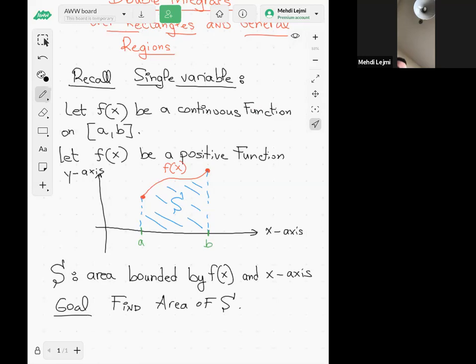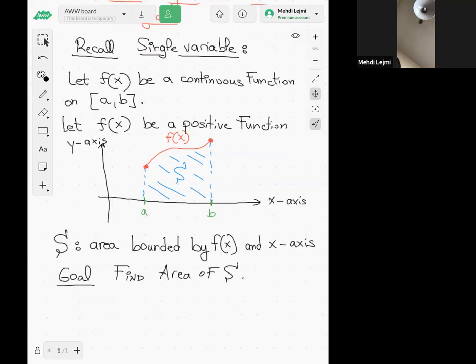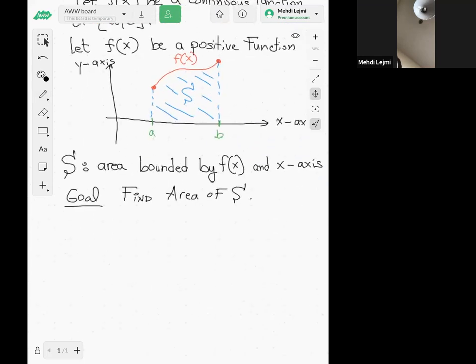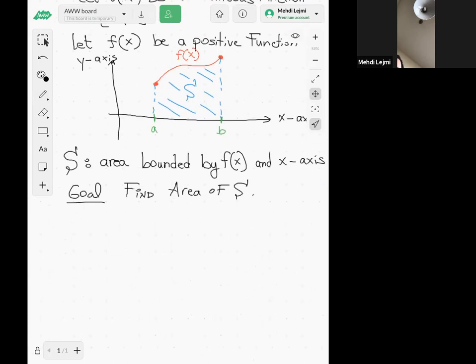Okay. So just to remind you again, the idea here would be to first divide the interval AB into subintervals of equal width, right?